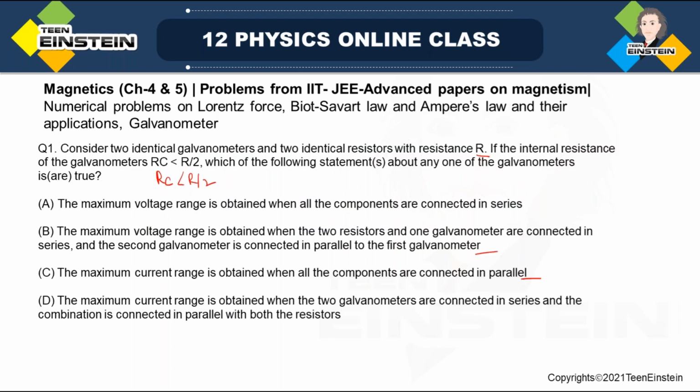We have another way. Maximum voltage range will be obtained when two resistors and one galvanometer are connected in series. So that part also we'll do. One galvanometer and two resistors are in series, and the second galvanometer is connected parallel to the first one.